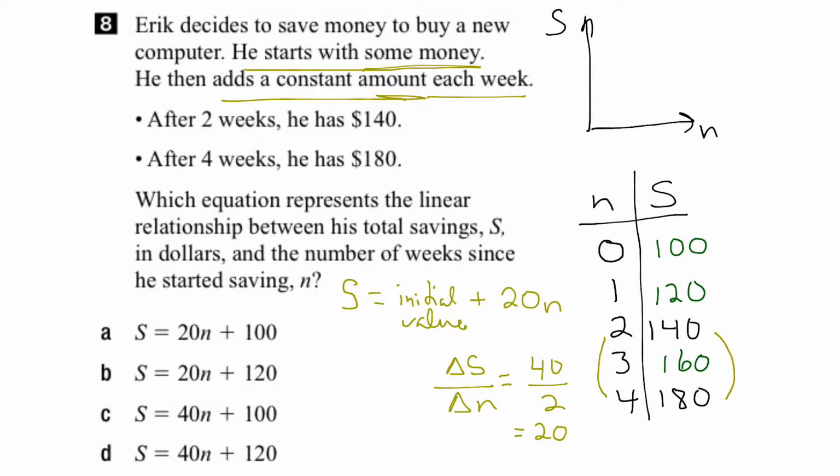So let's just confirm. He's going up by $20 each week, so 100 plus 20 is 120, plus 20, plus 20, plus 20. It fits. So we know that the initial value, or the amount that Eric started with, is $100.